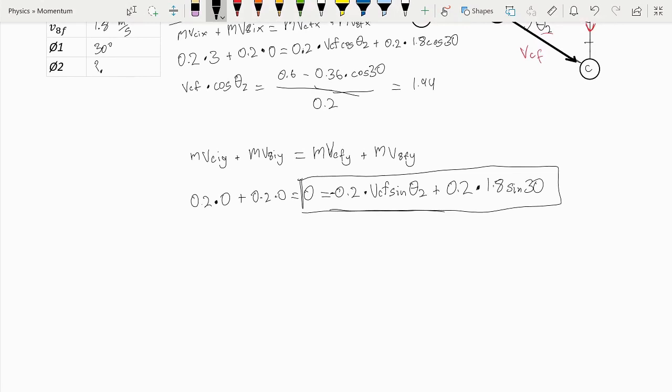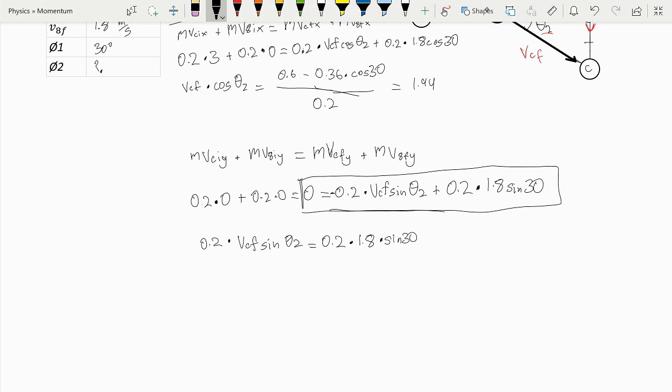And now if we were to solve it, we would get 0.2 multiplied by the velocity of the cue ball finally times sine theta 2 is equal to 0.2 times 1.8 times sine 30.